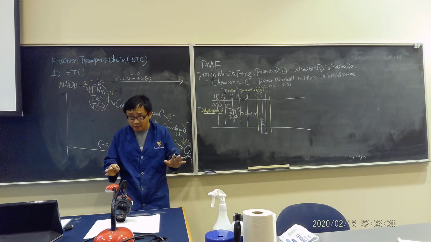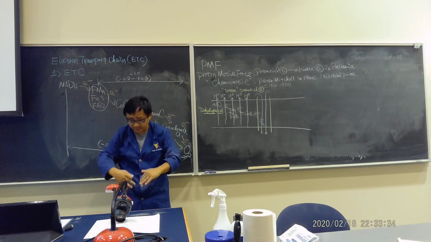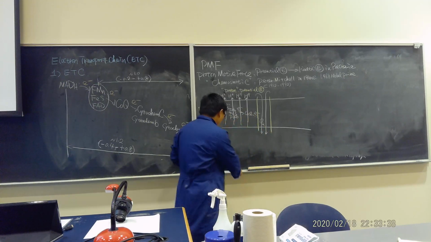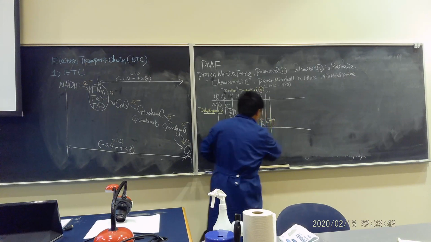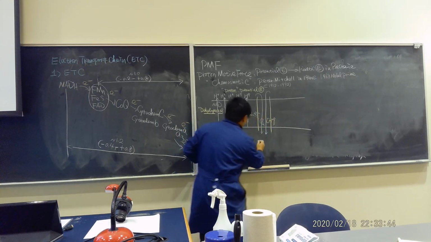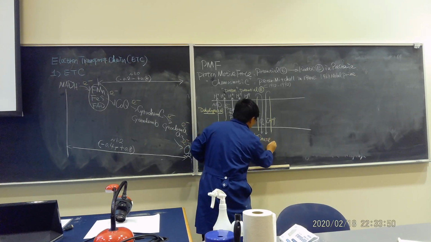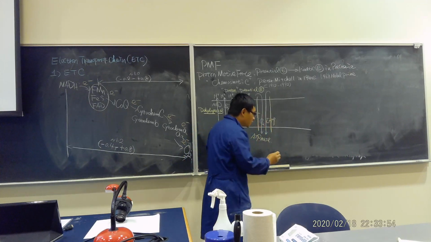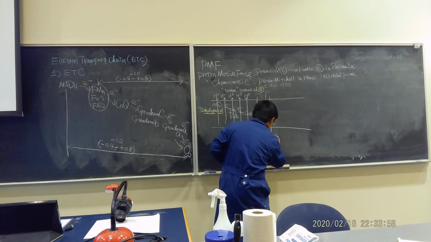You have so many protons outside of the cell membrane, they try to come back, because there are a lot of channels for it. Once these come back, what's going to happen? They will activate an ATPase. ATPase is a complicated enzyme. We call it a holoenzyme. We'll mention it real quick.